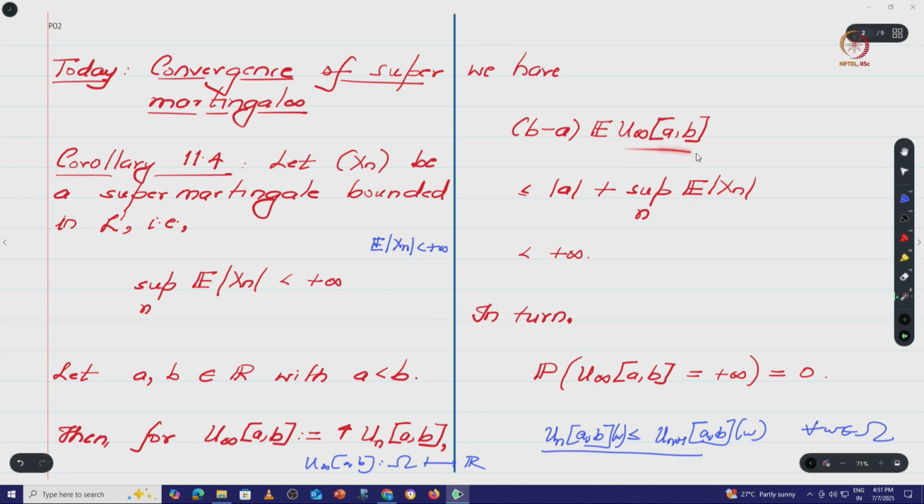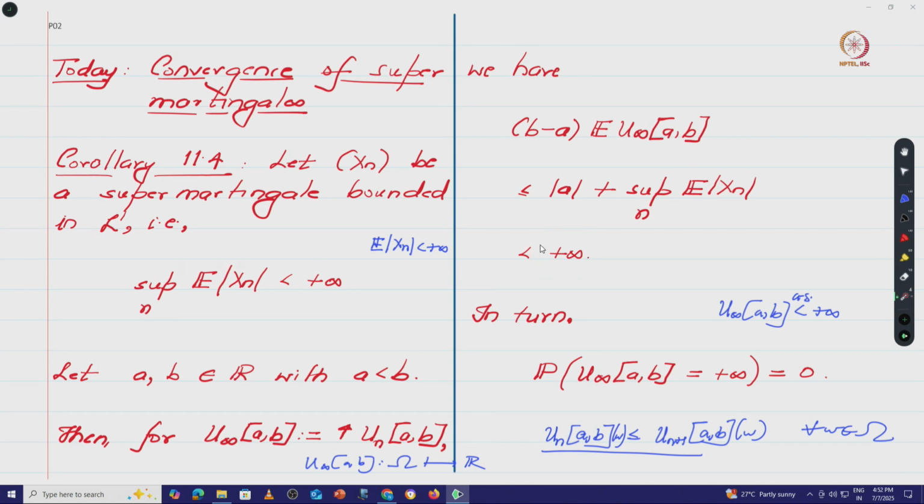Because this is a non-negative random variable and b minus a is finite, from the definition of expectations one can easily see that this fact implies that the probability that U infinity AB takes the value plus infinity is 0. In other words, your U infinity of AB is less than infinity almost surely. That is what we can conclude from this fact.